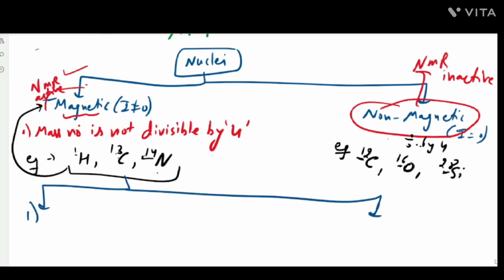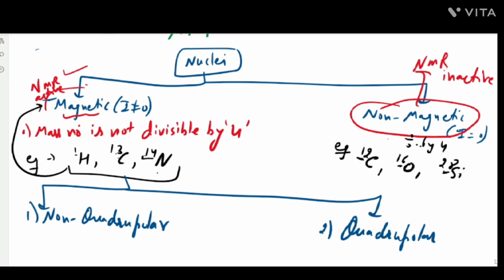The first is non-quadrupolar, and the second is quadrupolar. In non-quadrupolar, I is equal to half.